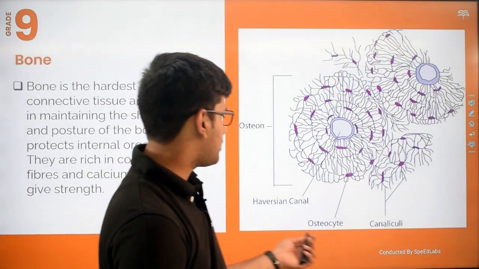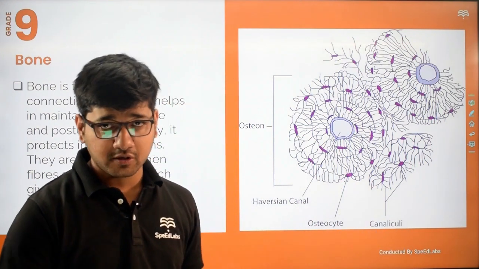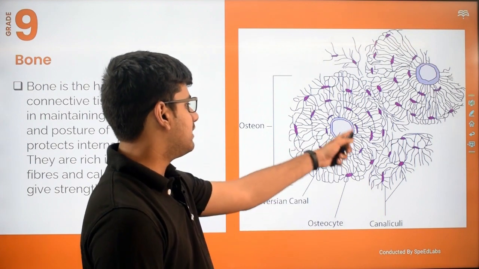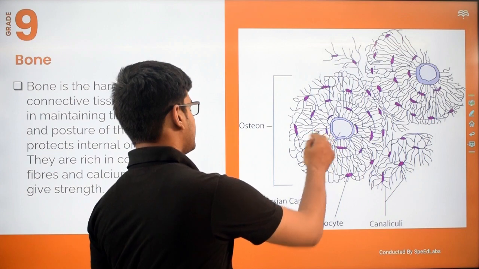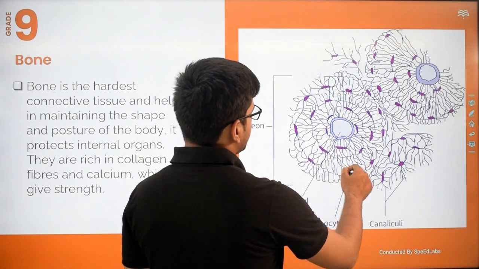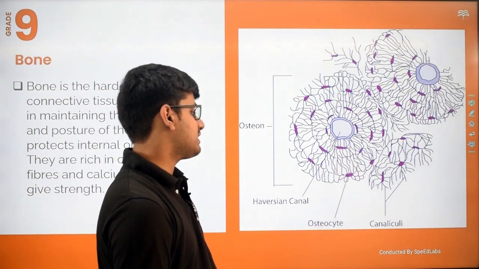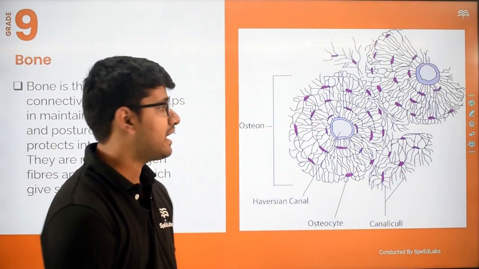Now we talk about bone in general. That is a particular section of bone observed under a microscope, where these particular areas are found that are known as the Haversian canal. The cells through which fibers originate are known as osteocytes, and the interconnections between them are known as canaliculi.